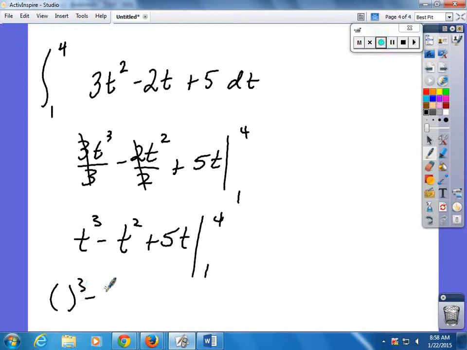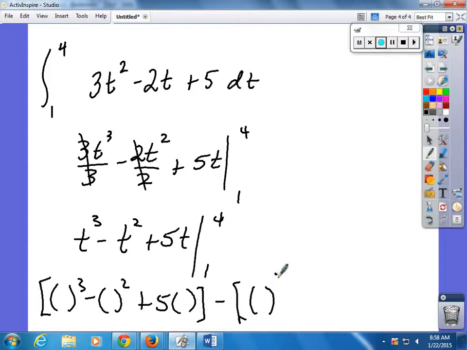Parenthesis cubed minus parenthesis squared plus 5 times parenthesis, bracket, minus parenthesis cubed minus parenthesis squared plus 5 times parenthesis, bracket. And we put a 4 here.